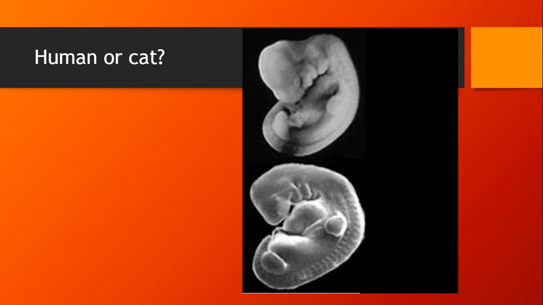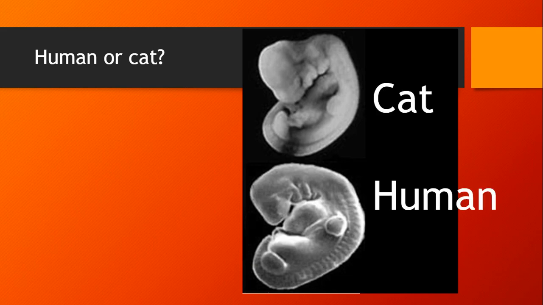Take a second, take your guess about which one you think is which. Okay, so top one is the cat, bottom one is a human. Pretty darn similar, can't really tell from there. And yet when these grow up and are fully developed, they are very, very different, obviously.